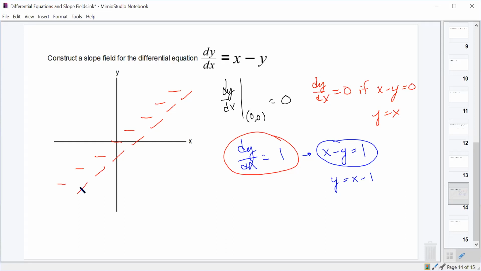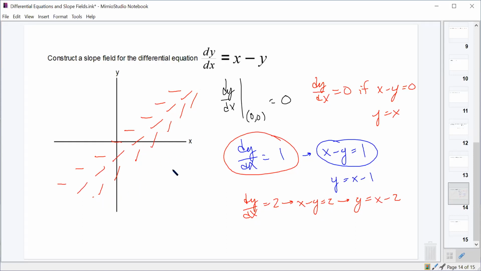Yeah. What about when dy/dx equals 2? That'd be if x minus y equals 2, or if y equals x minus 2. So as we go down further, each of these is going to get a little bit steeper. And what's going to happen as we go a little bit lower down here?